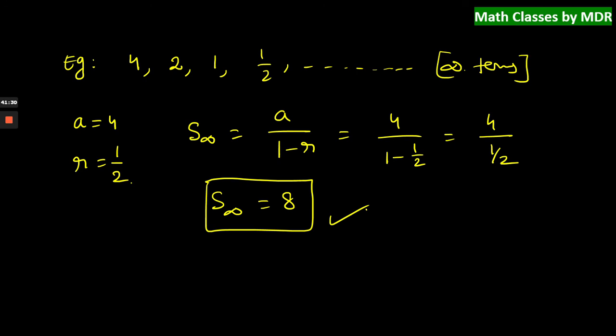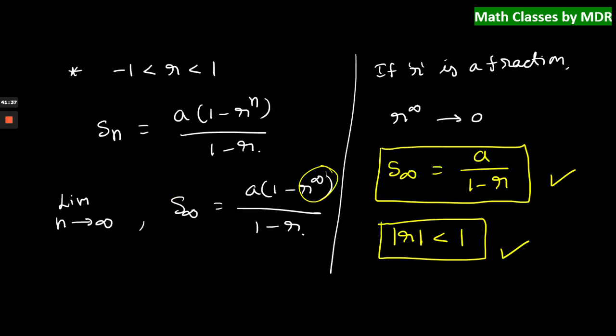The geometric series converges only if r lies between 1 and minus 1, otherwise it diverges. There is no point talking about the sum of infinite terms if r is greater than 1 or less than minus 1. I hope you have understood.